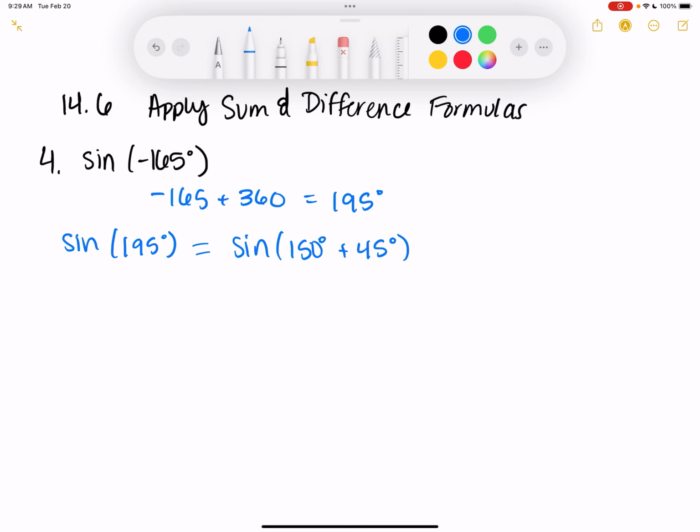The sine of 2 numbers being added together is the sine of 150 times the cosine of 45 plus, so same sign, the cosine of 150 times the sine of 45.